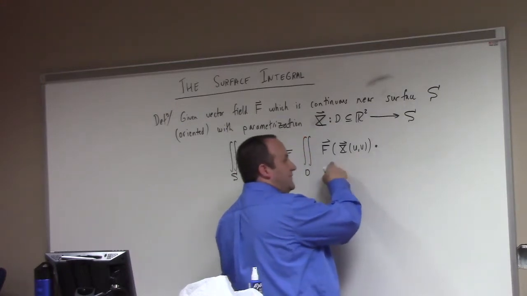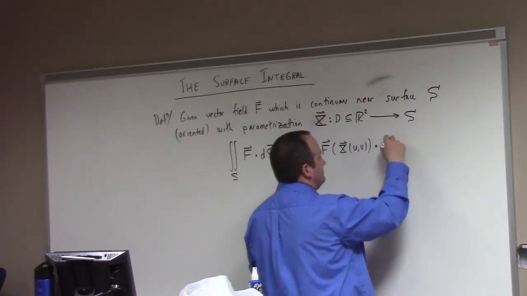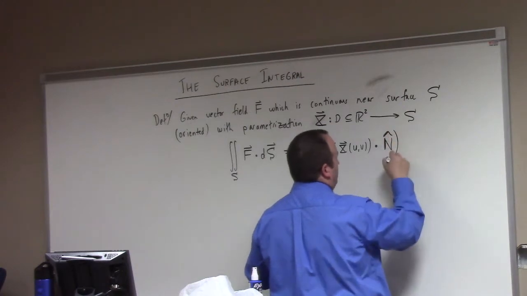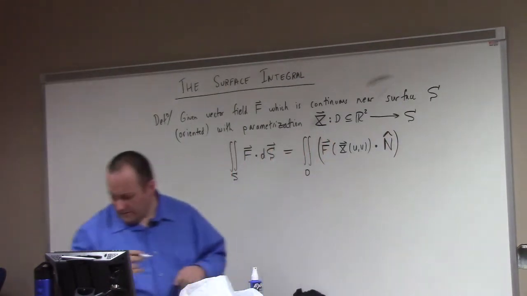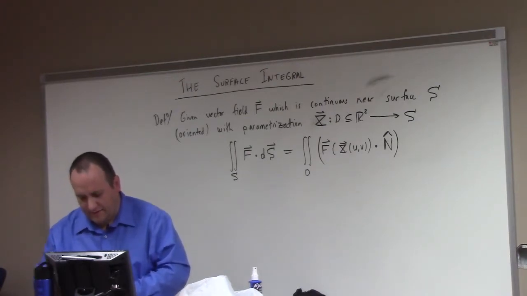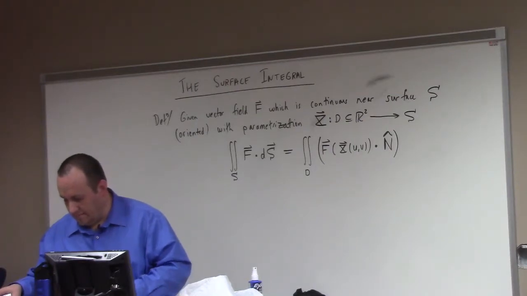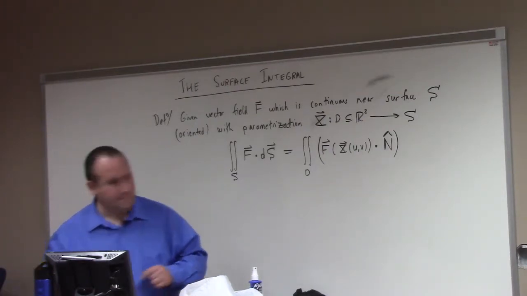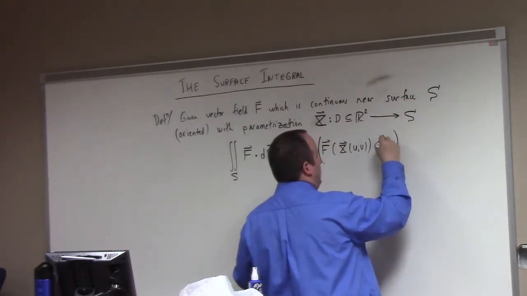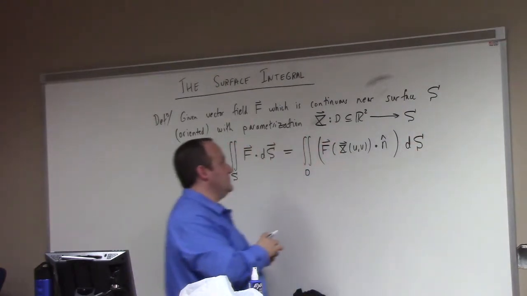So what we do is we take F and we dot it with the unit normal to the surface. Let me make sure I'm actually lining up with my notes. Yeah, I use a little n, so I'll fix that. Little n hat, and then dS, without the vector sign.